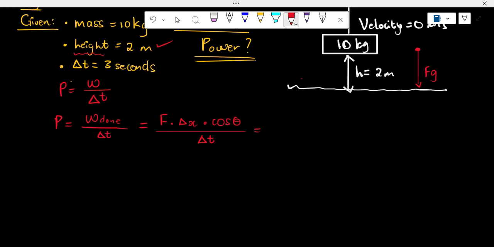So in this particular case, the force of focus is our gravitational force. And we know that gravitational force is equivalent to m times the gravitational acceleration. So this is going to be the mass times the gravitational acceleration times delta x times the cosine of theta, and I divide this whole thing by delta t.